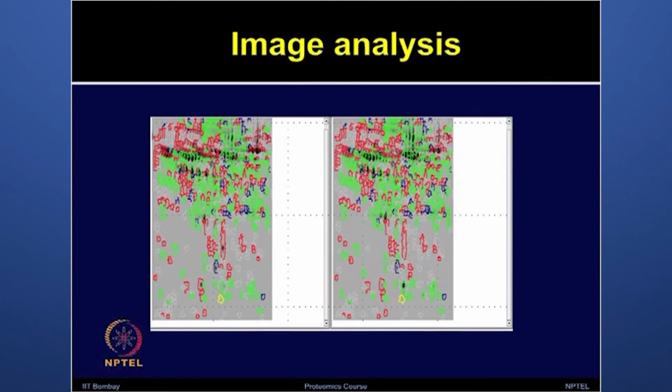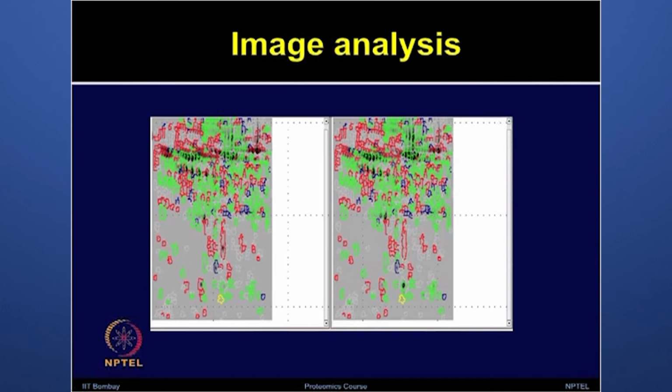As you know, analysis of these gels is always challenging, especially if you are looking at conventional 2D gels, where you have separate gels obtained from each of these groups. But analysis in the DIGE gel is more automated.